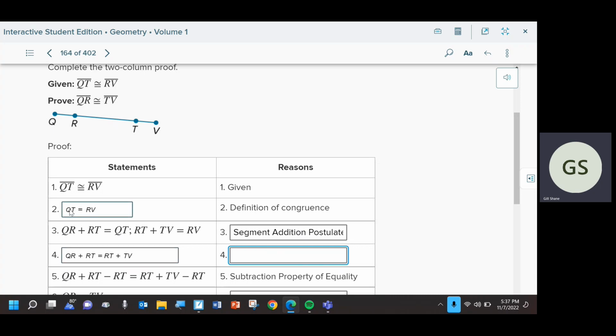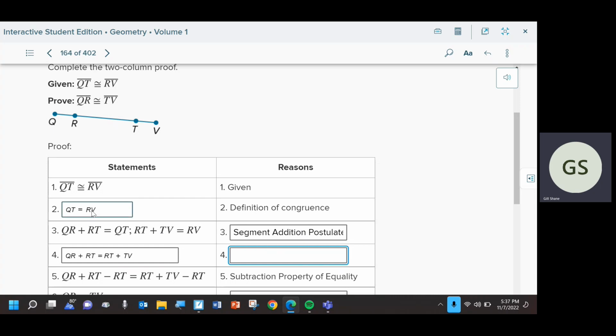That would give me this right here. I'm replacing QT with this because that's what QT equals. Okay, well, can I do the same thing for RV? Can I replace that with this RT plus TV? Yeah, look, right here it says RV equals RT plus TV.